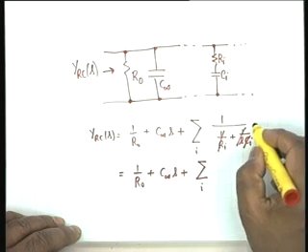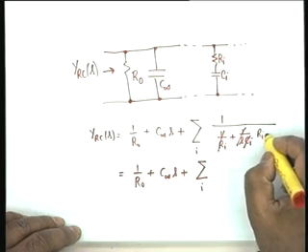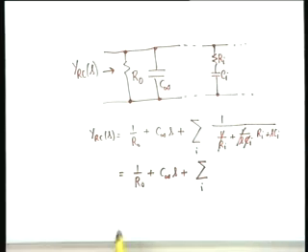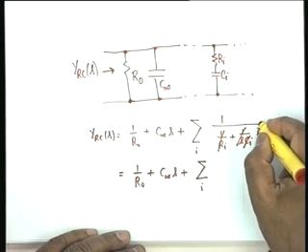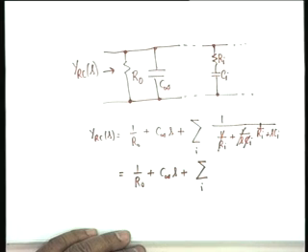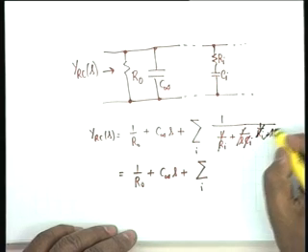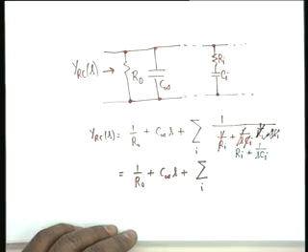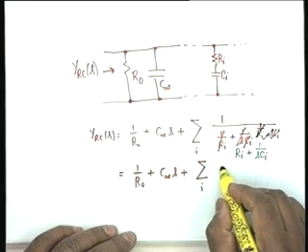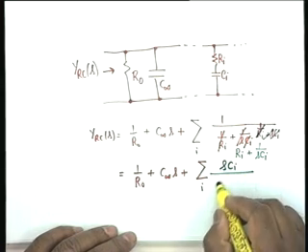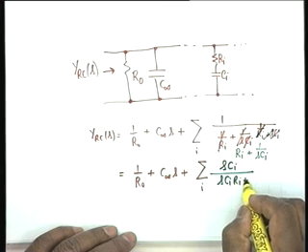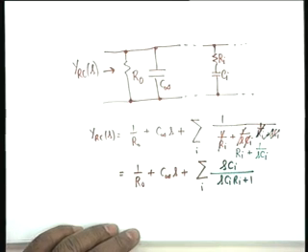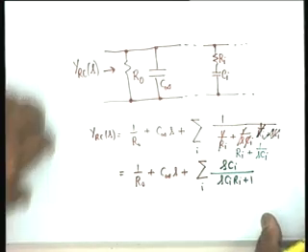It is 1 over Ri plus 1 over S Ci, no, 1 over Ri... How can I make so many mistakes at one go? Am I right now? Okay, thank God. So I can write this as S Ci divided by S Ci Ri plus 1. Agreed? Okay, let's do this.